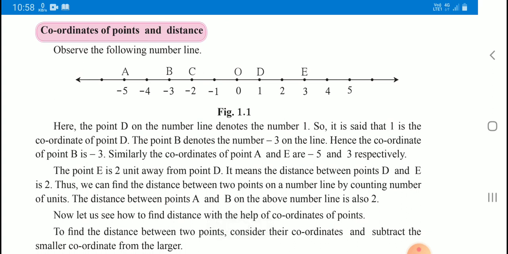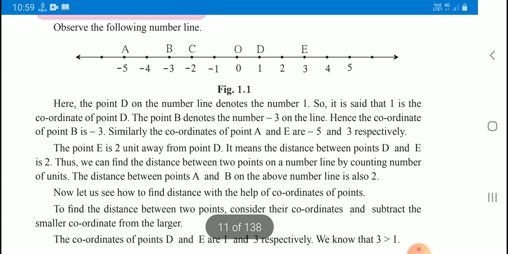Here they showed a few points and numbers on this number line. If you see, they have given the numbers 0, 1, 2, 3, 4, 5, and on the left side the numbers -1, -2, -3, -4 and -5.